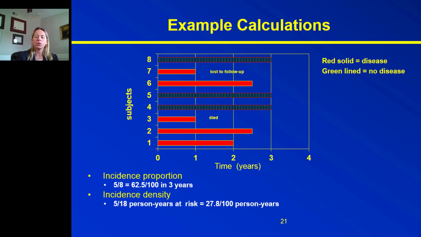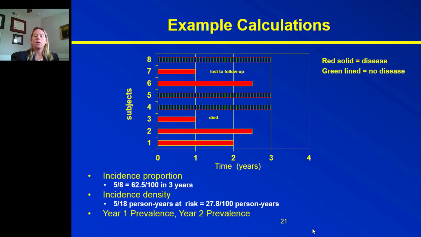Those two measures are clearly different numerically, because one is a function of persons and the other is a function of person time. And just to note, this value of 62.5 per 100 is what happens after we standardize the 5/8. This is a common approach so that the denominator is usually 100 or 1,000 units of measure.